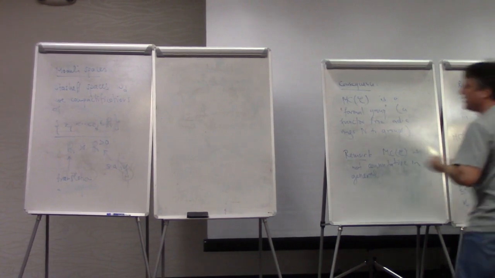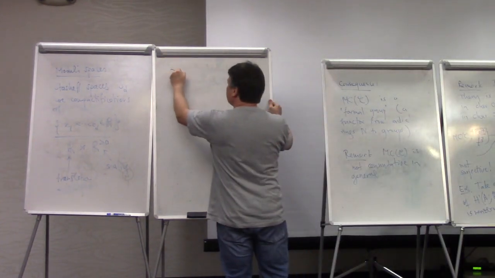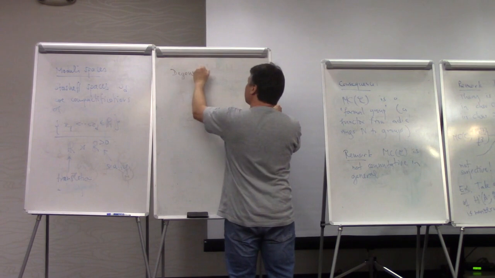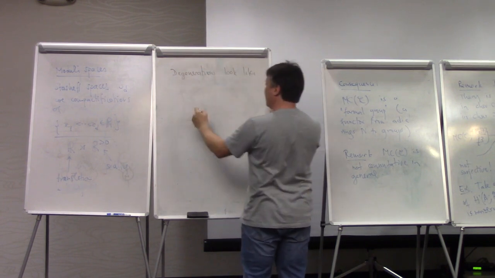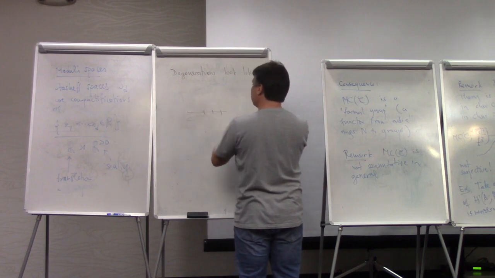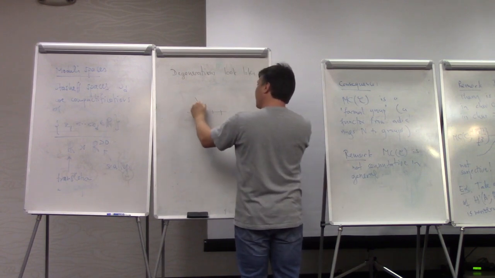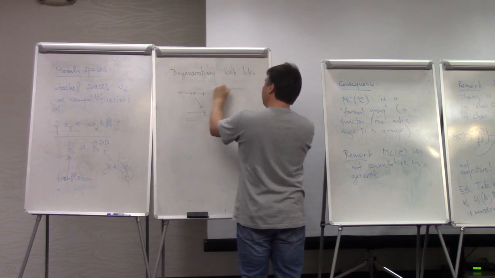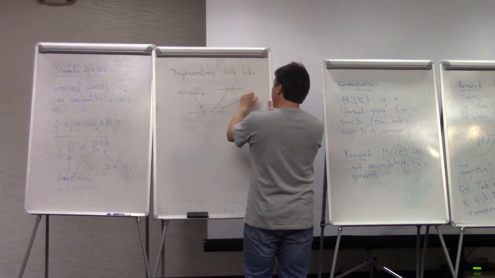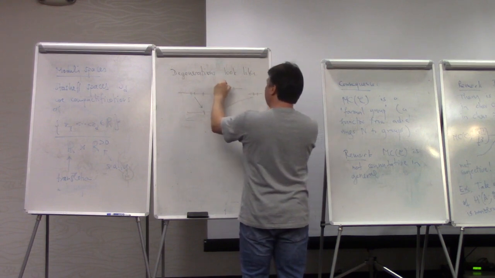And so the degenerations look like this. You have a sort of screen where you look in microscopically and you figure out which points came together here. And in principle they can be stacked.